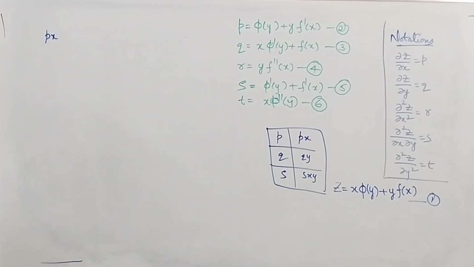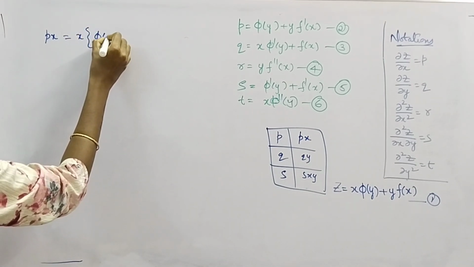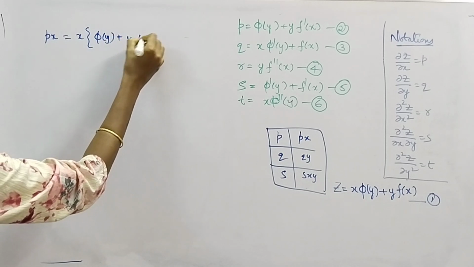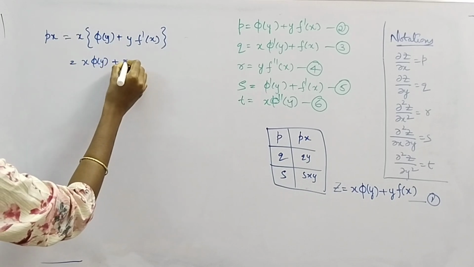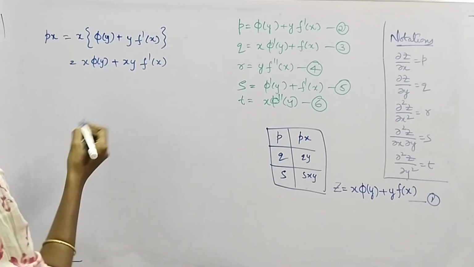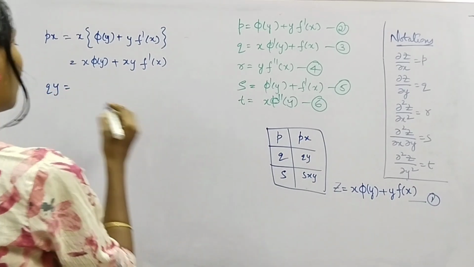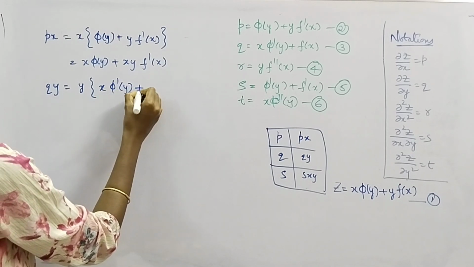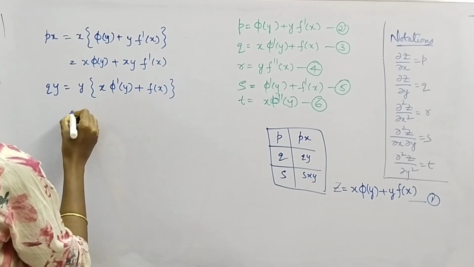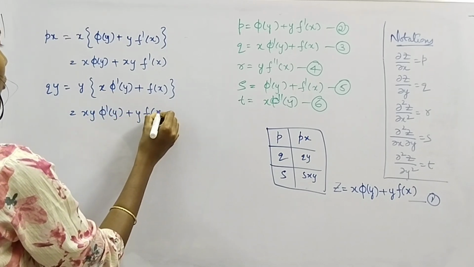Fine, now let's find px, that is p multiplied with x, equal to x times phi of y plus y into f dash of x, which gives us x into phi of y plus xy into f dash of x, right? Now let's find qy, that is q into y. Equation q multiplied with y. Y times RHS of q, that is x into phi dash of y plus f of x. This gives us xy into phi dash of y plus y into f of x, right?